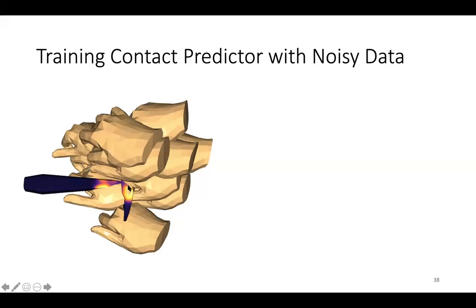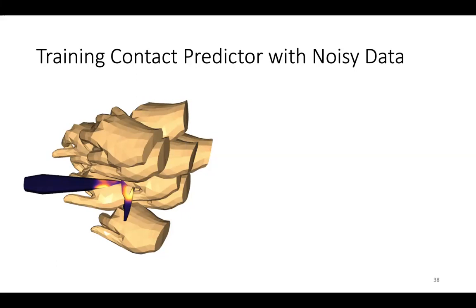And for each of those pairs of object and noisy hand pose, we know the ground truth contact from ContactPose. So this gives us almost an infinite data set for training a predictor that will take a noisy input but predict the contact patterns for a non-noisy grasp. I've already talked about some contact prediction techniques before.